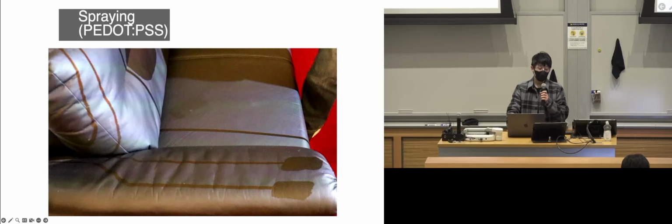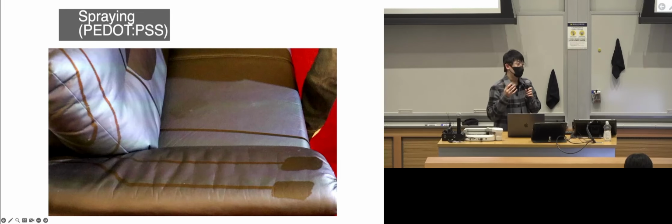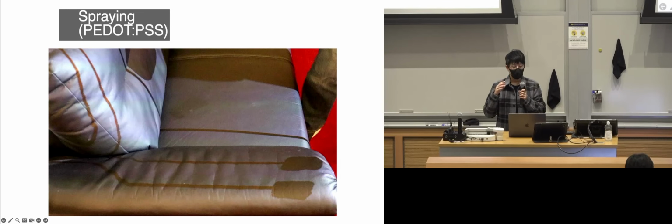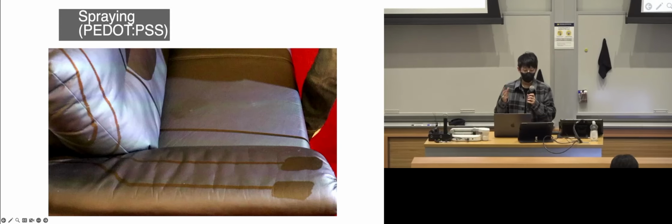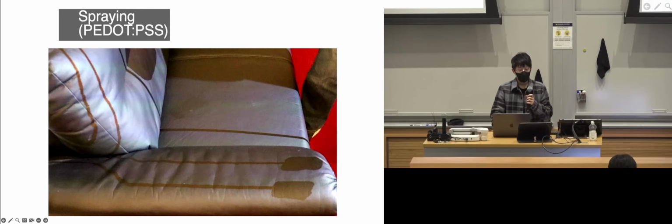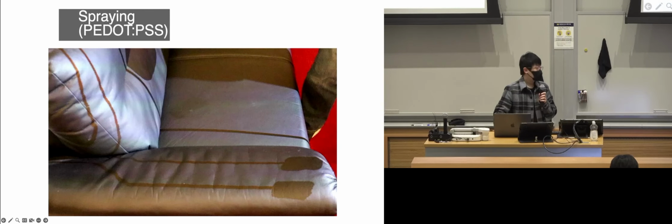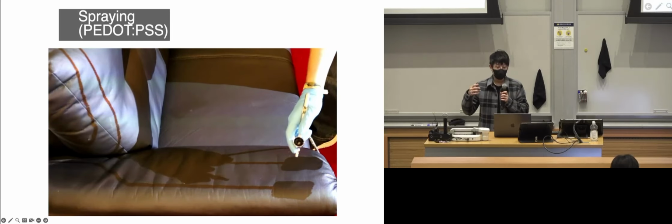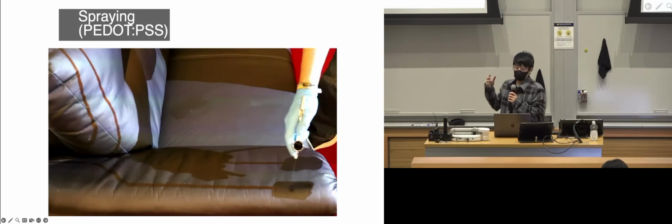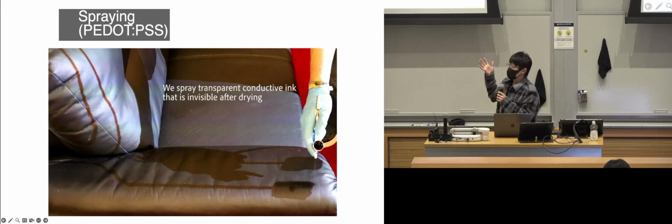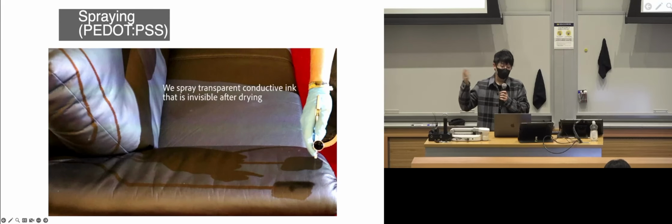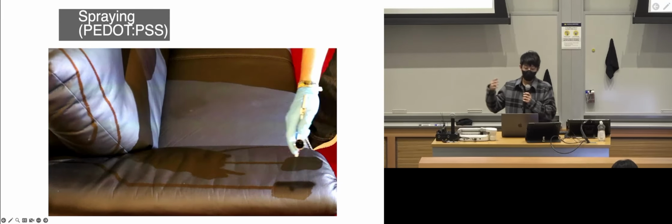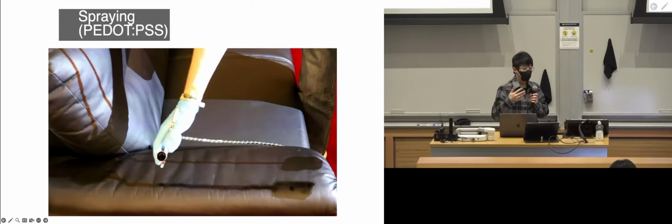And apart from those spray paints that usually go on more rigid substrates, you can also have some other. I think this one is called PWESS. It's almost like a flexible type of conductive ink that you can essentially spray onto something soft, in this case a couch, and then it becomes invisible after it's dried.